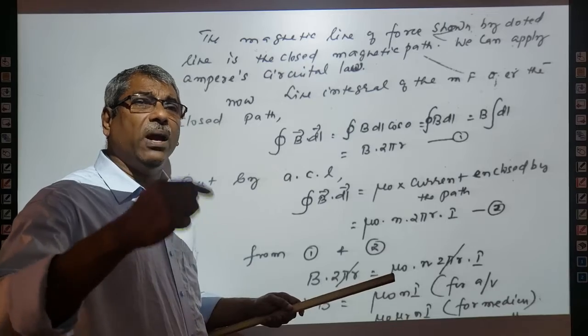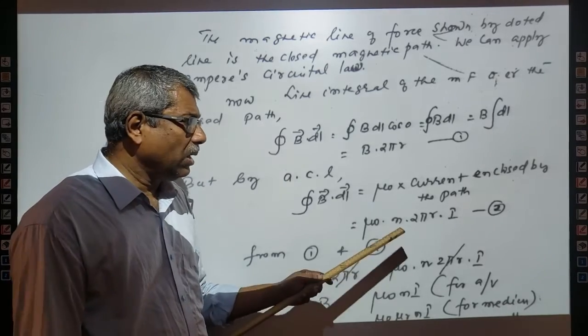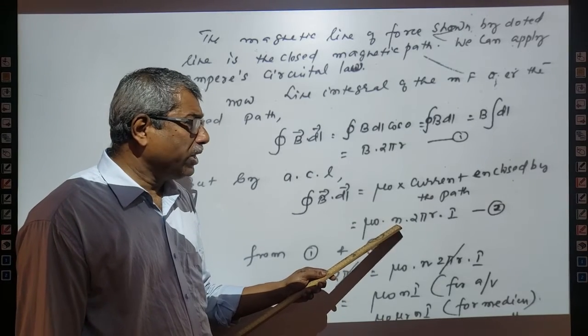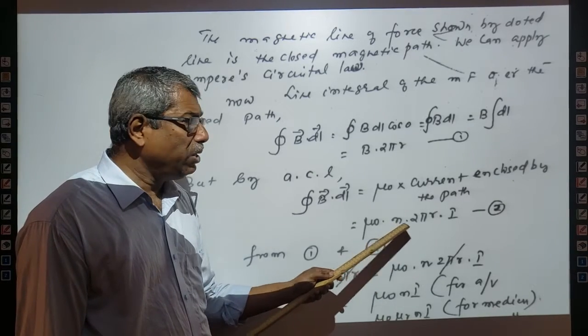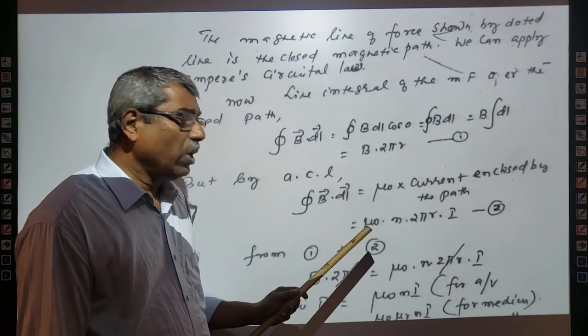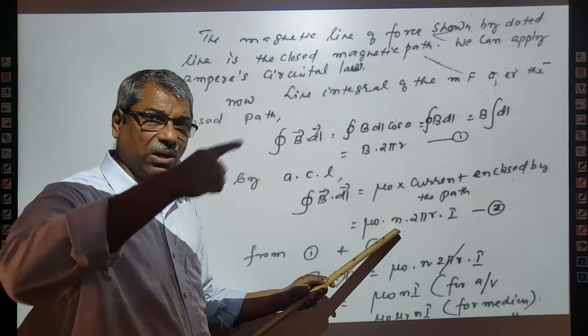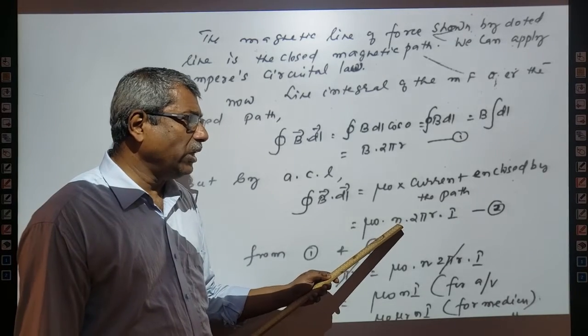Hence, 2 pi r length or circumference of the magnetic path has how many turns? n into 2 pi r. Every turn carries a current I. Therefore, the current enclosed by the circular magnetic path is equal to n into 2 pi r into I.